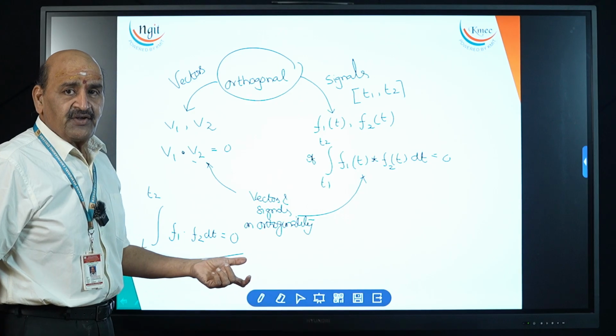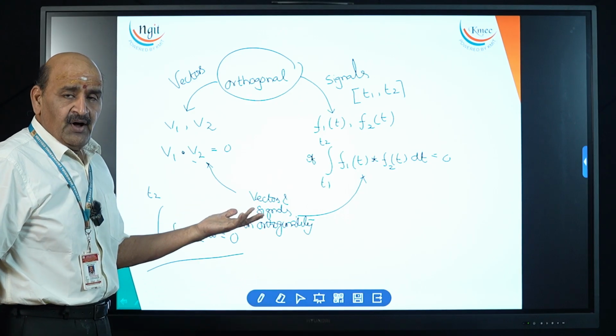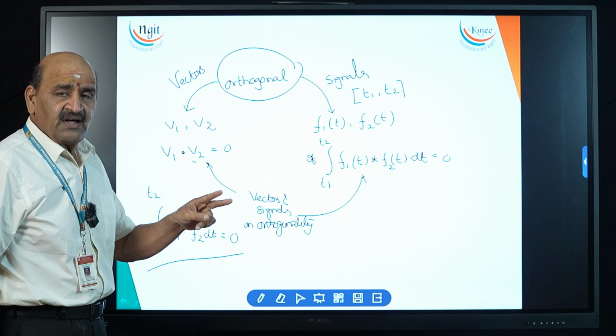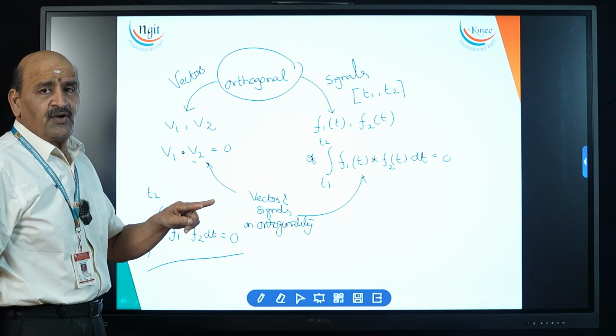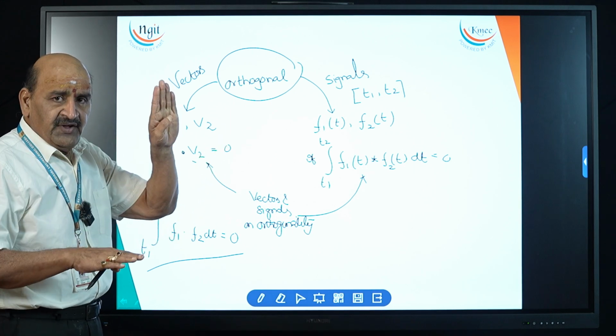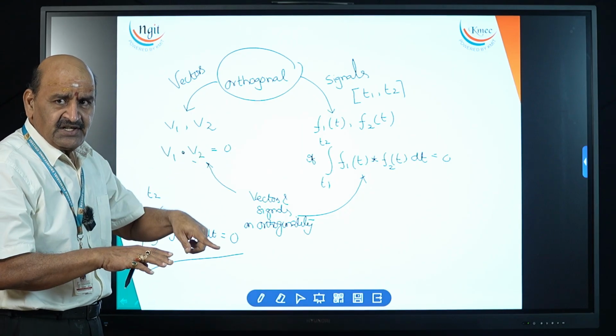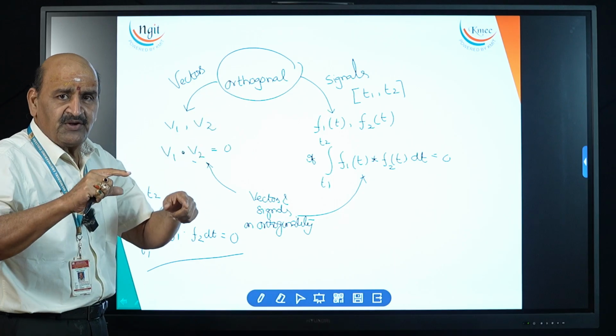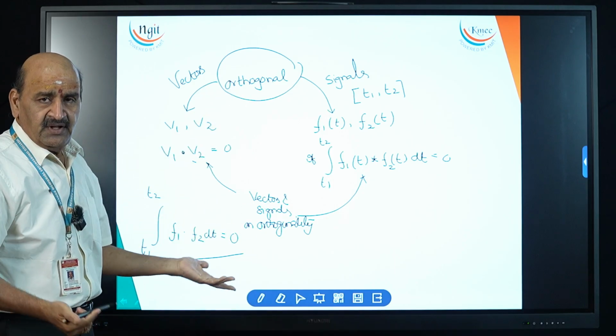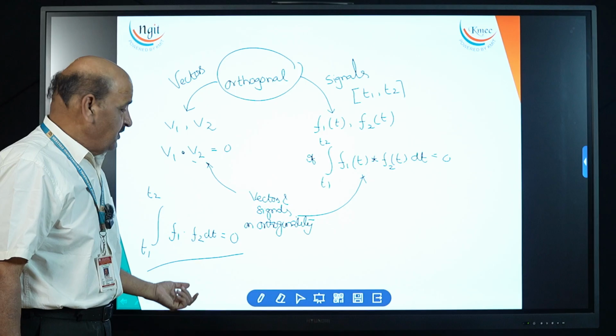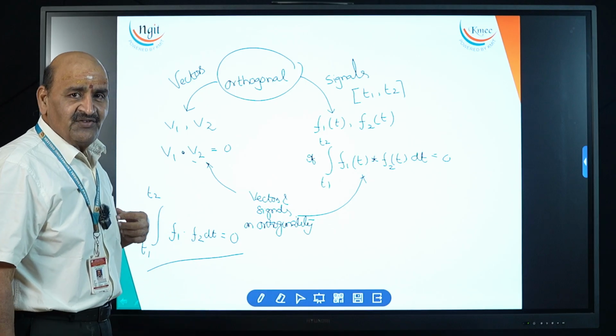In examination they ask you to define how you can say two signals are orthogonal. Signal f1, signal f2, multiply, take the integral between t1, t2 with respect to t. If this equals 0, they are orthogonal. This is the orthogonal principle. This ends this session. Thank you.